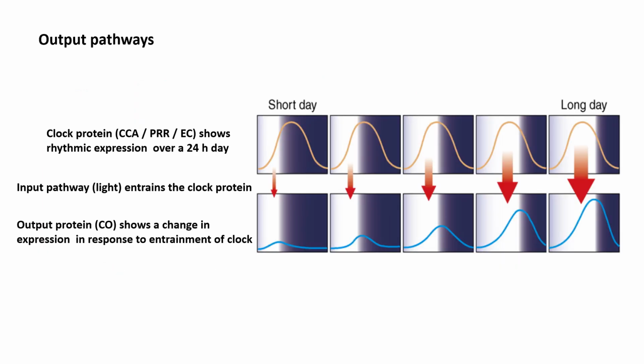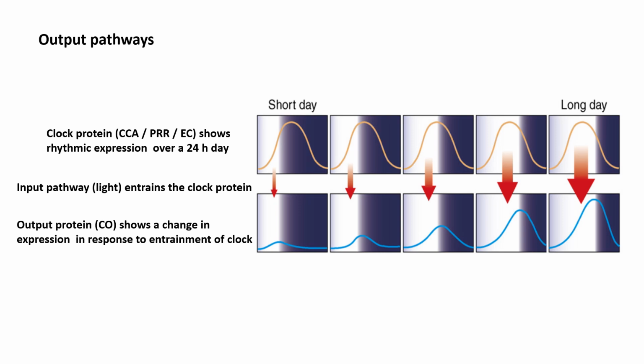Resetting of the core oscillator brings about a change in the output rhythms of cyclic developmental or physiological processes such that they can synchronize with changes in daylight hours during the year.